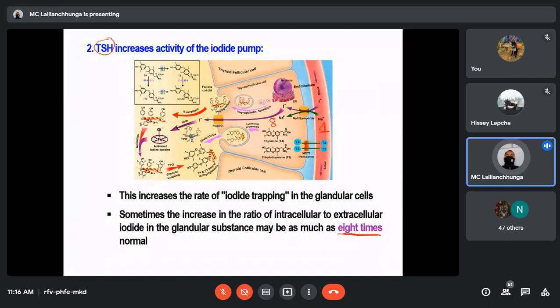TSH increases the activity of the iodide pump so that more iodide is trapped inside the follicular cells. More iodide trapping means more synthesis of thyroid hormones. The first function was proteolysis of thyroglobulin; number 2 is to increase the iodide pump for more synthesis of thyroid hormones.